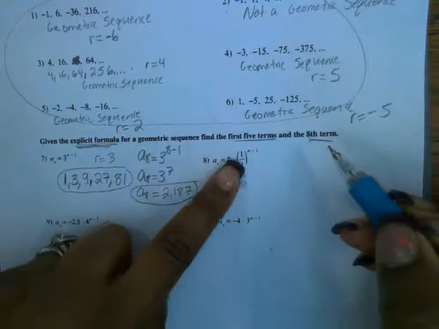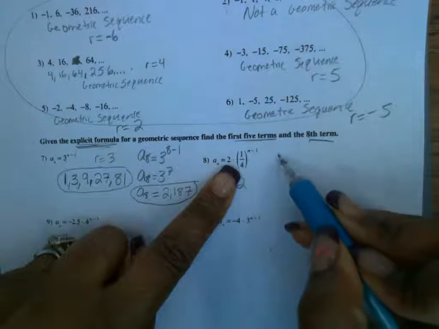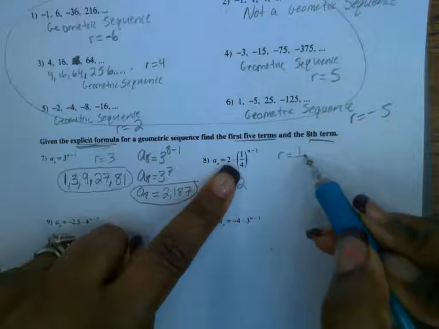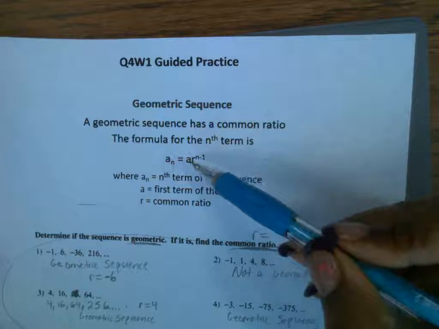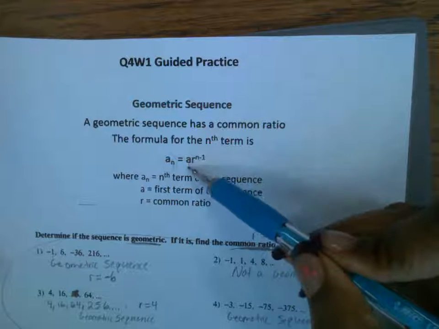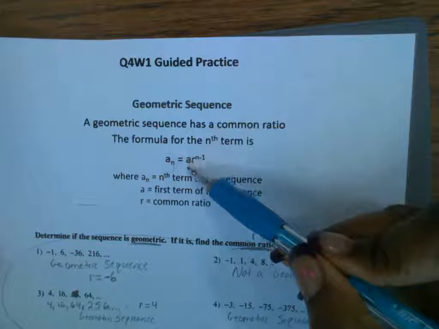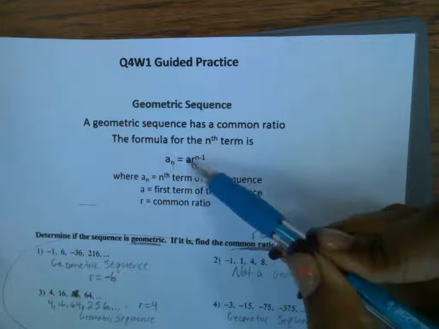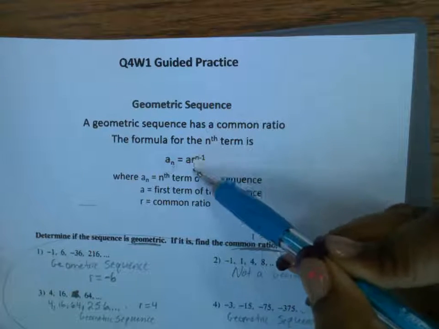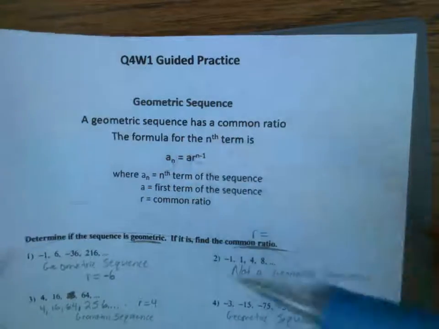Your common ratio is 1/4. R is 1/4. And how do I know that? Again, by looking at the formula here. This number is your first number, not your 0 number or your starting number, but the first number. Your R is your common ratio raised to the n minus 1 power.